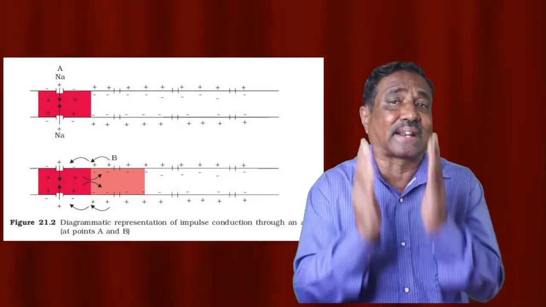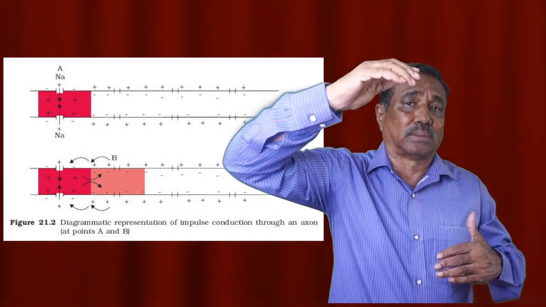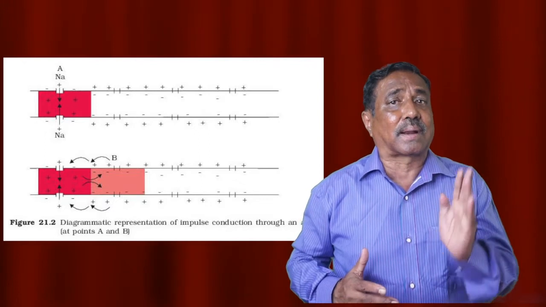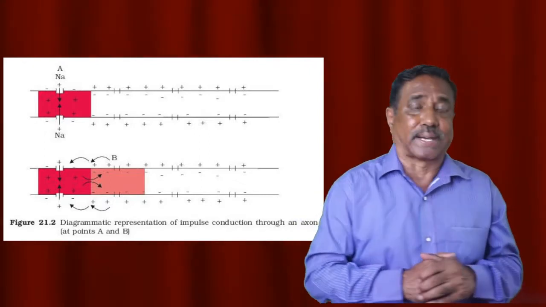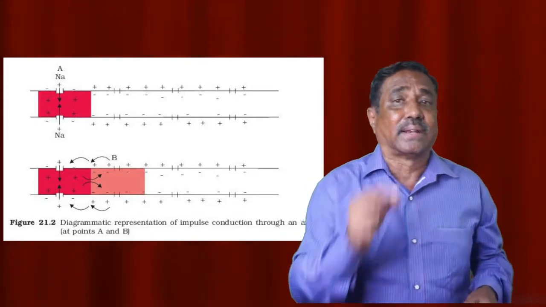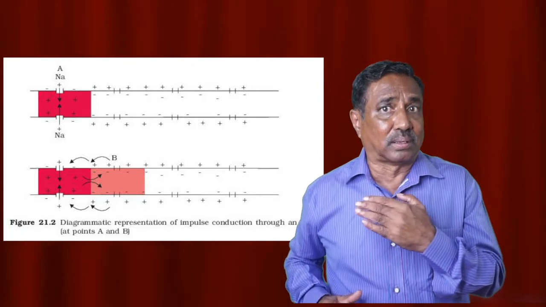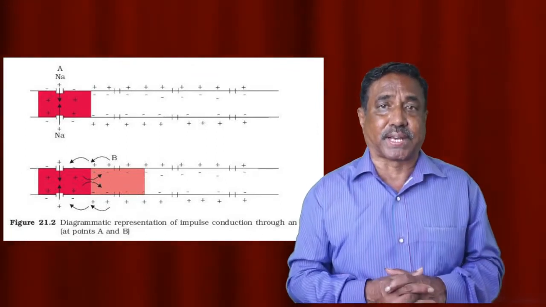As a result, in the resting potential stage, negatively charged proteins are present inside, and Na plus ions are present outside. Inside, negatively charged proteins and K plus ions are present. That is the resting potential stage.